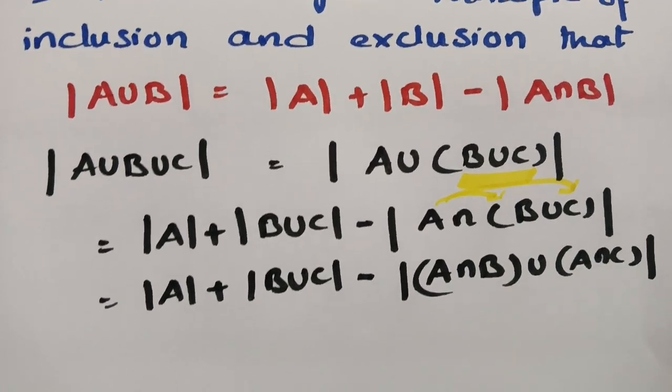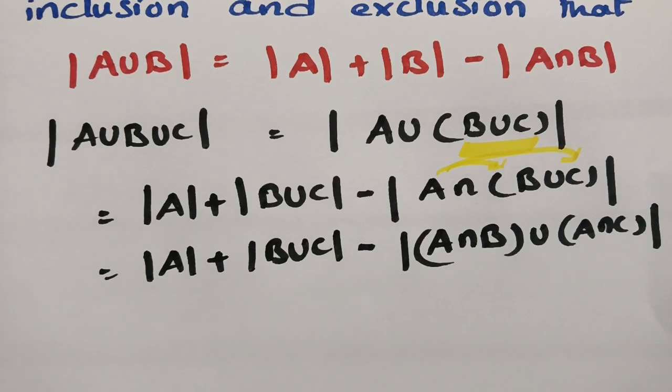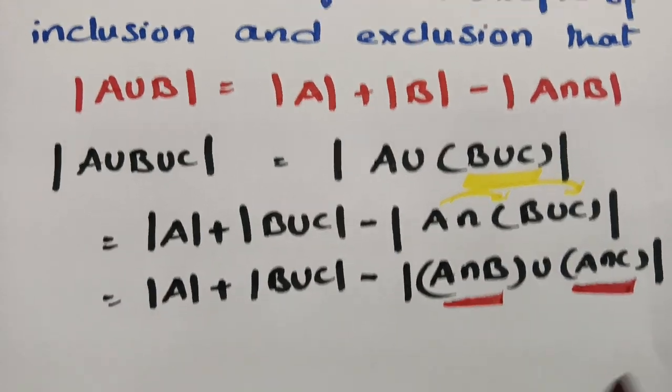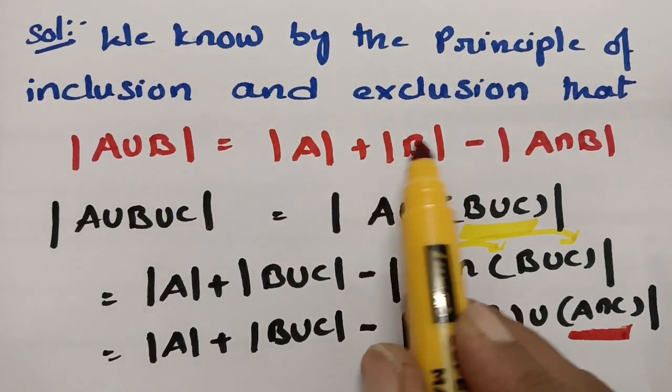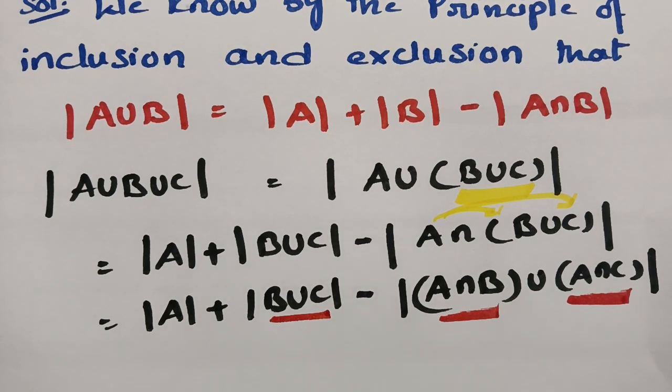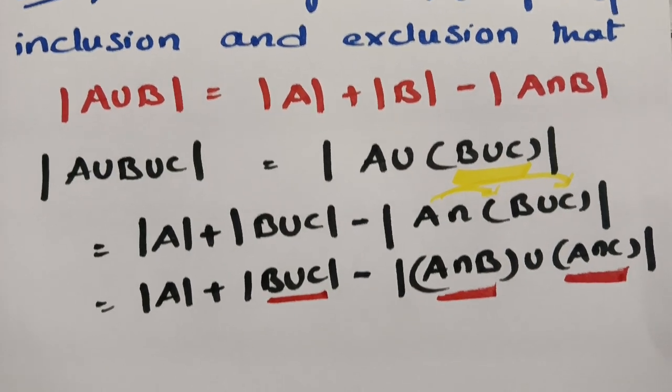Clear? Now there is another part here. If you consider this as a union, that is A union B, again we have to use the principle of inclusion and exclusion. And here also I am going to use the principle of inclusion and exclusion.